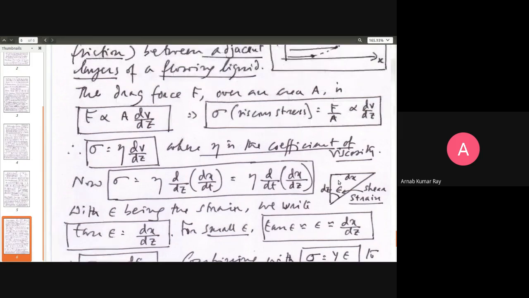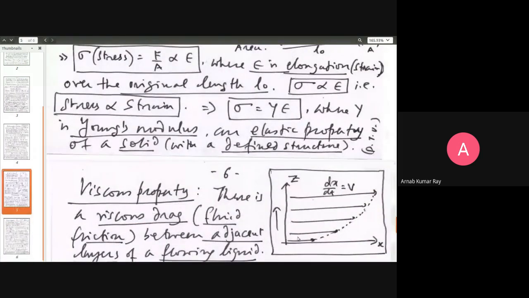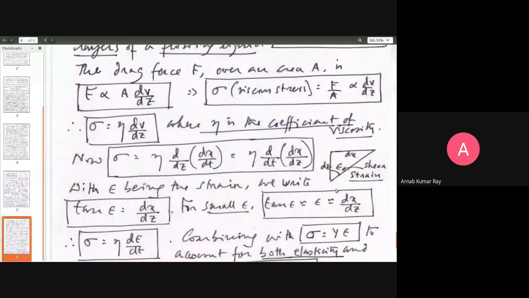Here's a simple diagram. z is the vertical axis, x is the horizontal axis. So dz is a small displacement along the vertical axis and dx is a small displacement along the horizontal axis, right? And so dx by dz: dx gets stretched from left to right and dz gets stretched from bottom to top, right?